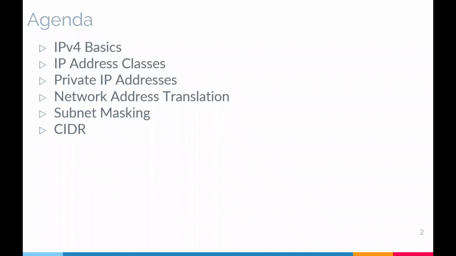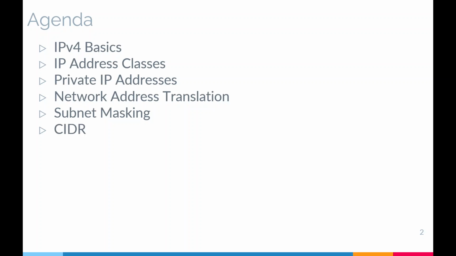So here's the agenda. We first start with the IPv4 basics. This involves understanding the IPv4 addressing format and the basics of decimal to binary conversion. Then we move on to the IP address classes. We discuss class A, B, C, D, and E in detail.